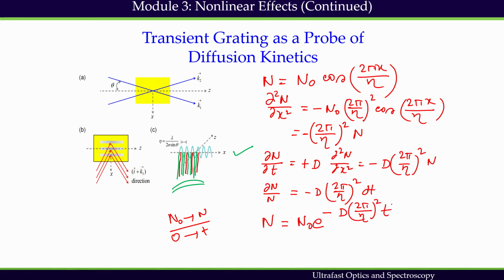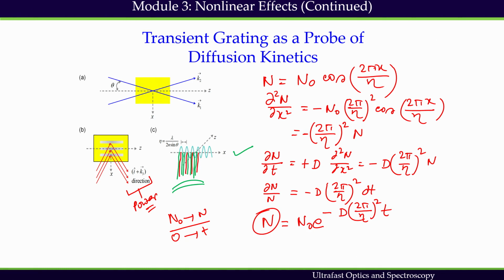So, as a function of time, we see the change in population due to diffusion, and that we can monitor with the help of diffracted energy. If we use a power meter here, and keep looking at how the energy is changing as a function of time delay between the pair pulse, the identical pulses, and the probe, then we see that the diffraction is changing.